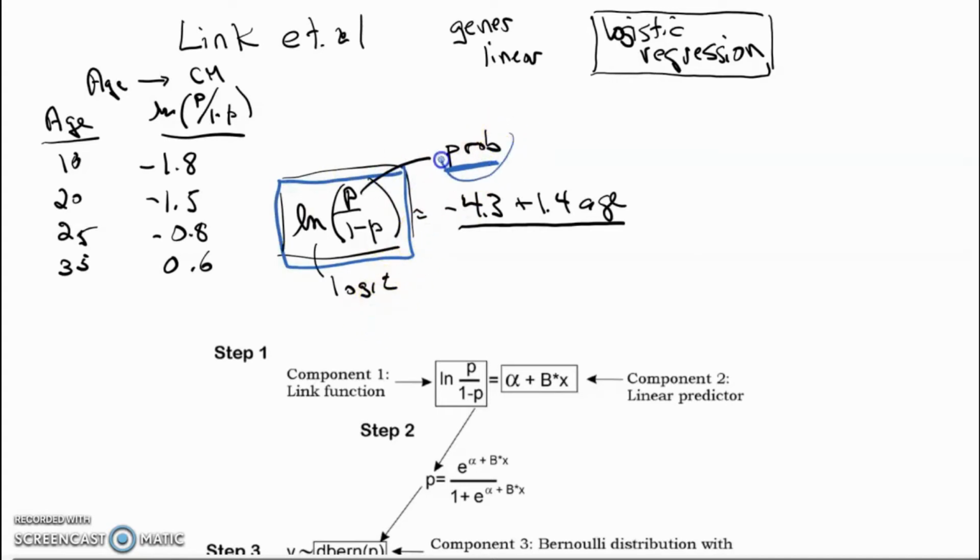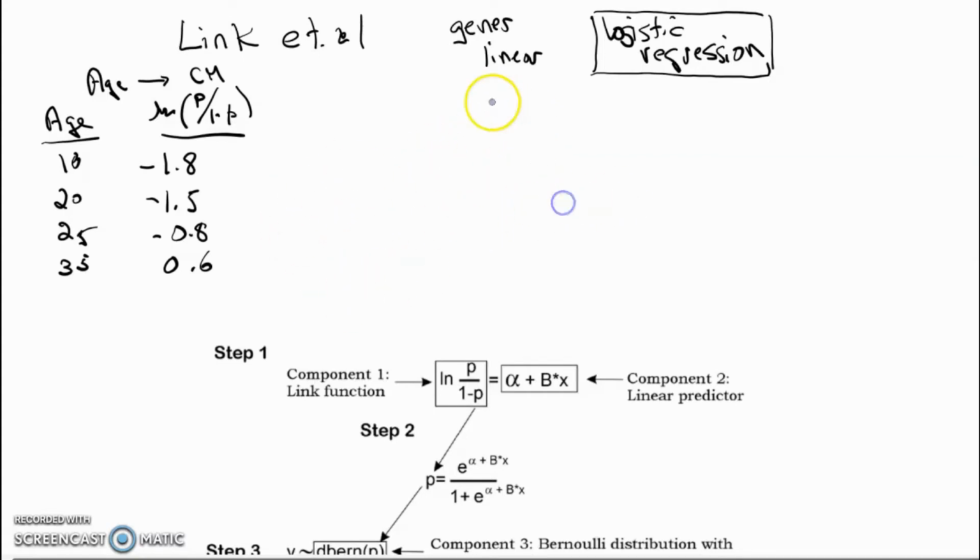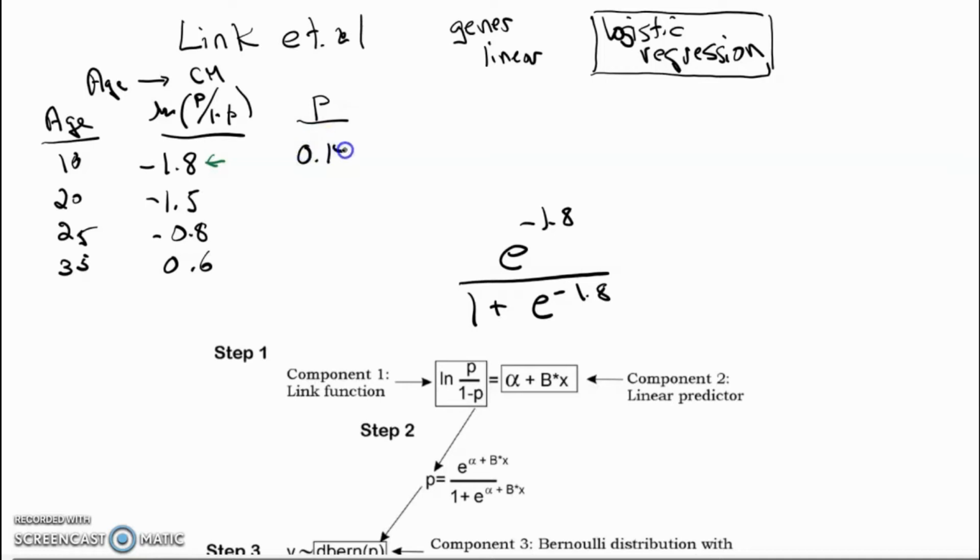So somehow we need to be able to extract that probability from the logit, and we can think about how we might do that for this particular individual here with a value of minus 1.8. What we would do is take e to the minus 1.8 over 1 plus e to the minus 1.8, and that would give us the thing we're interested in, the probability, as being 0.14, and we can continue that with the rest of the people and get 0.18, 0.31, and 0.65.